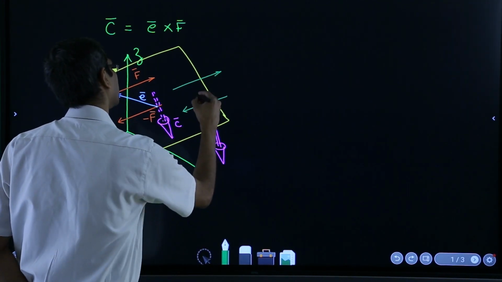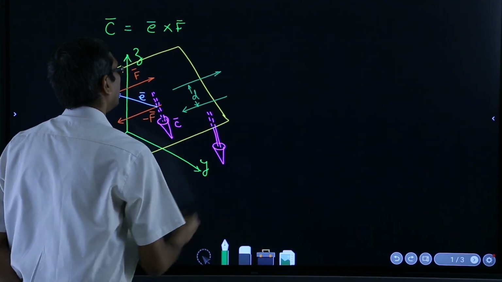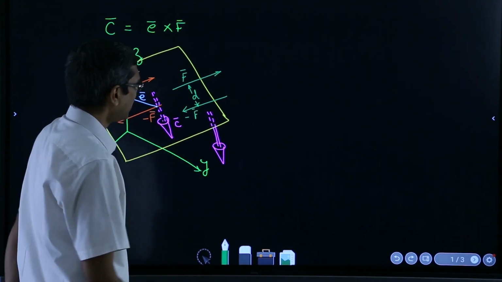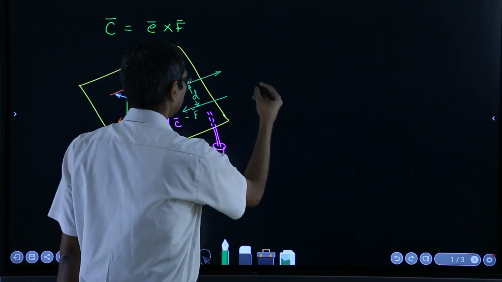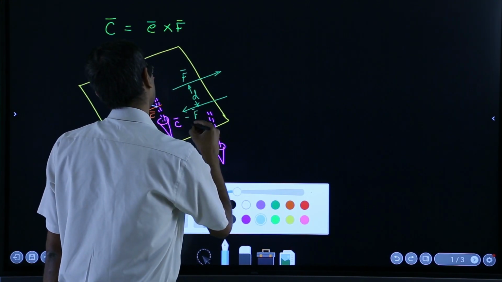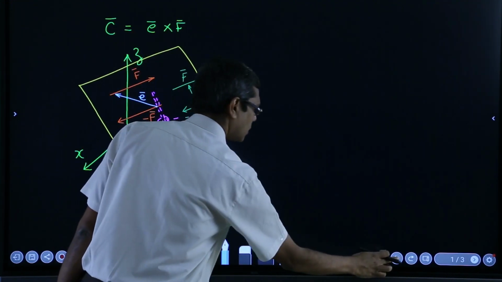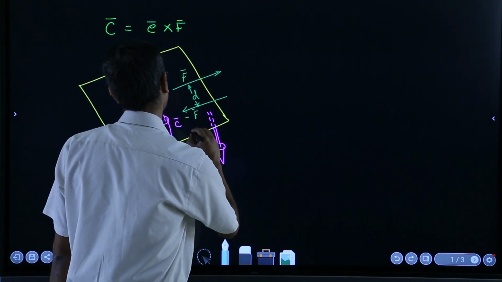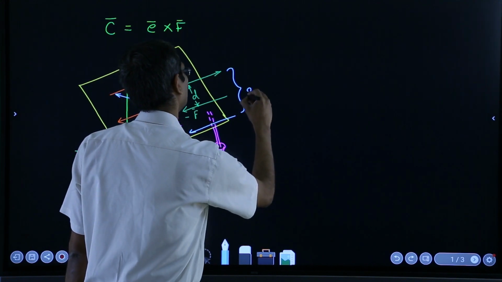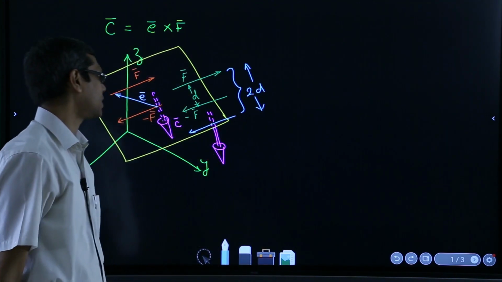For example, suppose the distance between them is d, and the forces are F and minus F. Suppose I change d to double the distance, here, so this distance is 2d.